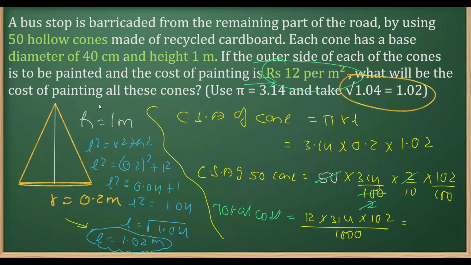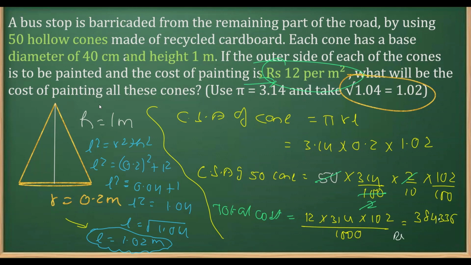314 multiplied by 12 and multiplied by 102 comes out to be, well, this is in meter square, right? And it has 3 decimal places, so it's 3843336. That divided by 1000 will give you 3 decimal places.